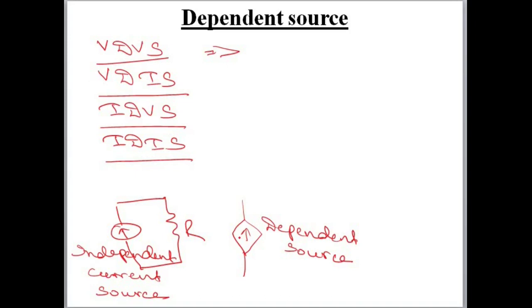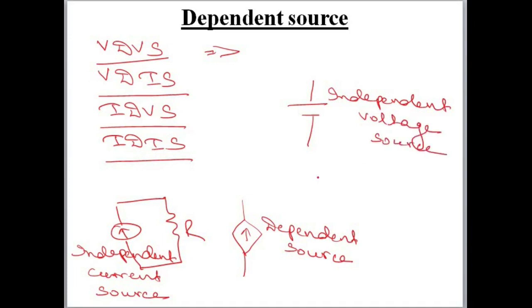So if current is denoted by like this, then it is a dependent source. If current is denoted by like this, then it is an independent source. Similarly, if a voltage source is denoted by like this, then it is called an independent voltage source.